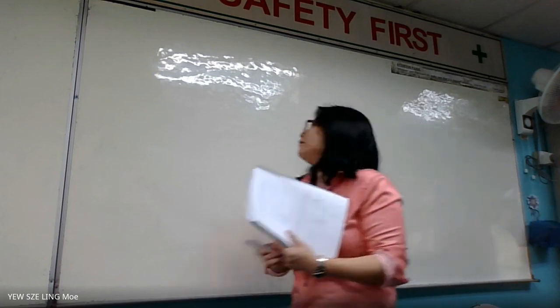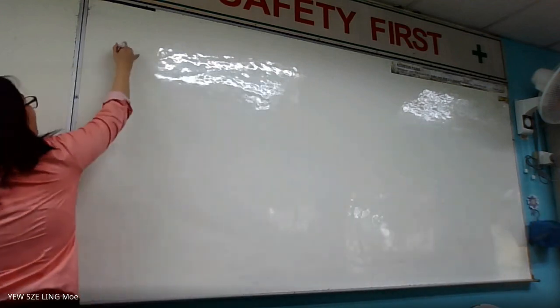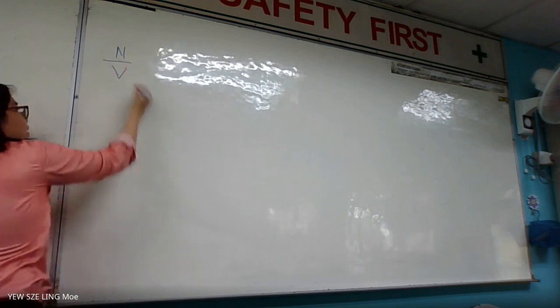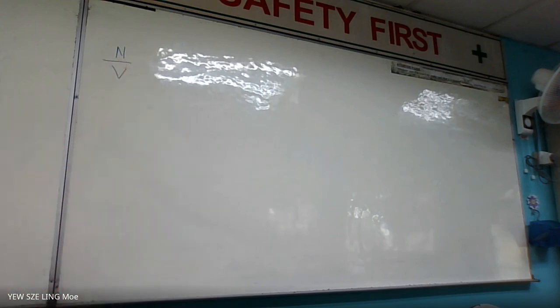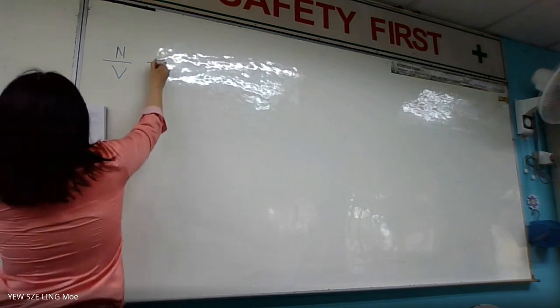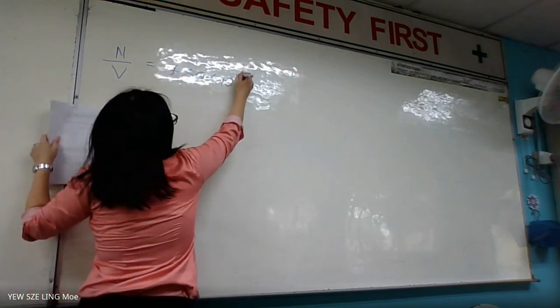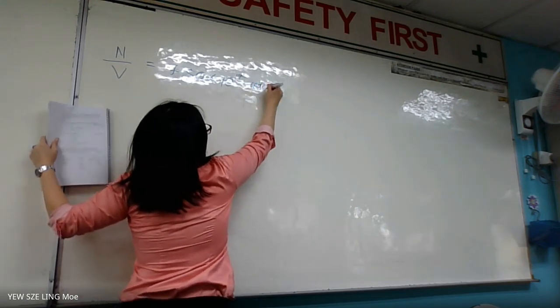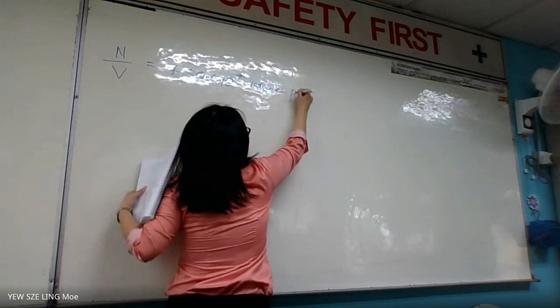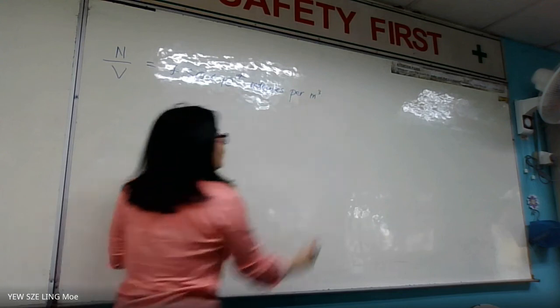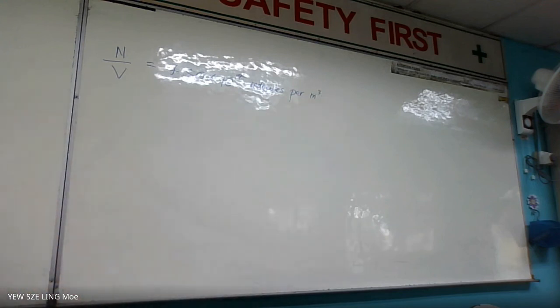This value is actually N over V. It is not N, it is not V, but it is N over V. So given N over V equals 7.5 times 10 to the power of 17 molecules per meter cube.